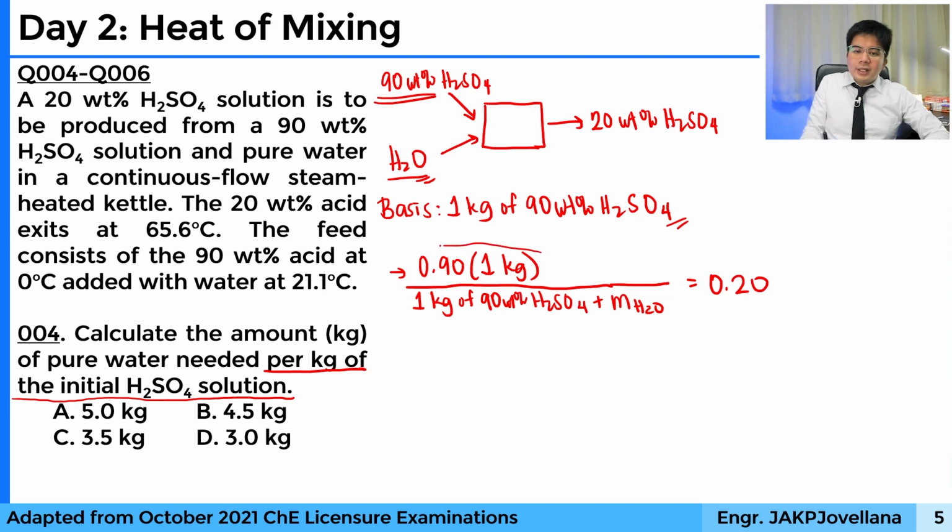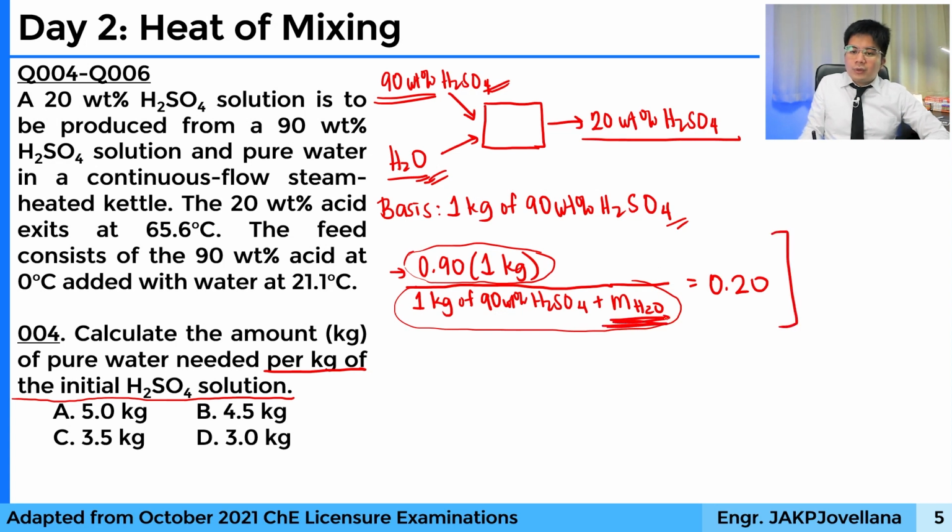The numerator gives the amount of pure sulfuric acid present in the 98% sulfuric acid, while the denominator is the combined amount of this initial acid and the water used to dilute it to 28%. This is one equation, one unknown, and we can solve for the mass of water. We can calculate m H2O is equal to 2.5 kilograms. From the choices, this is letter C.